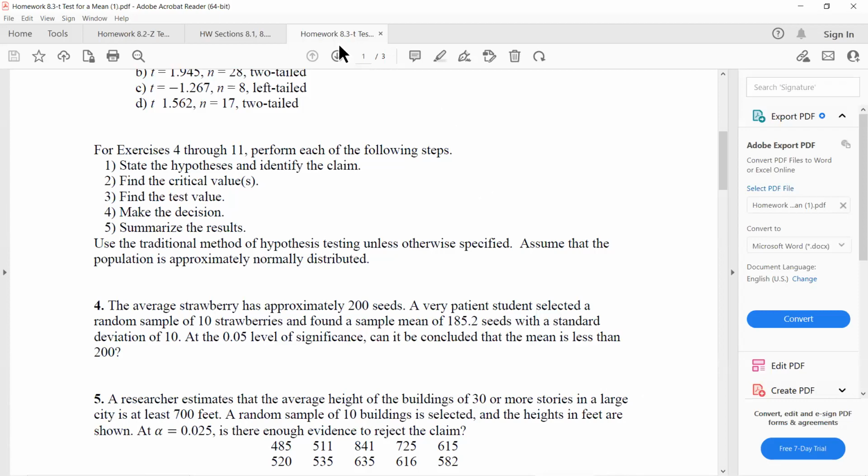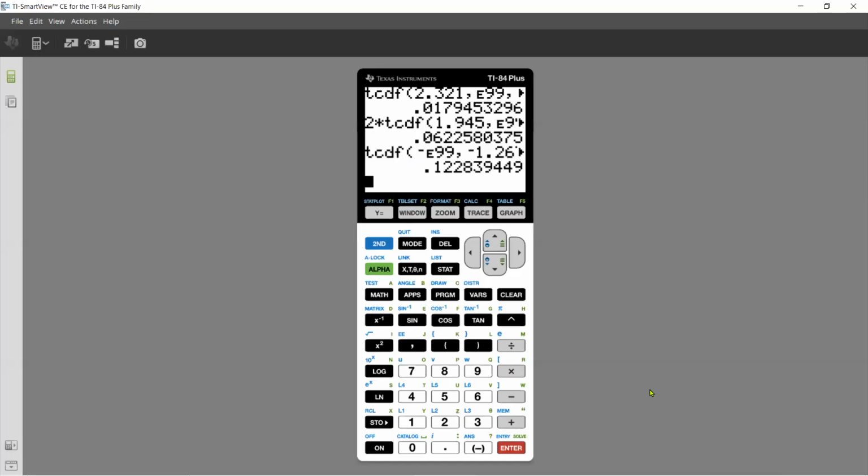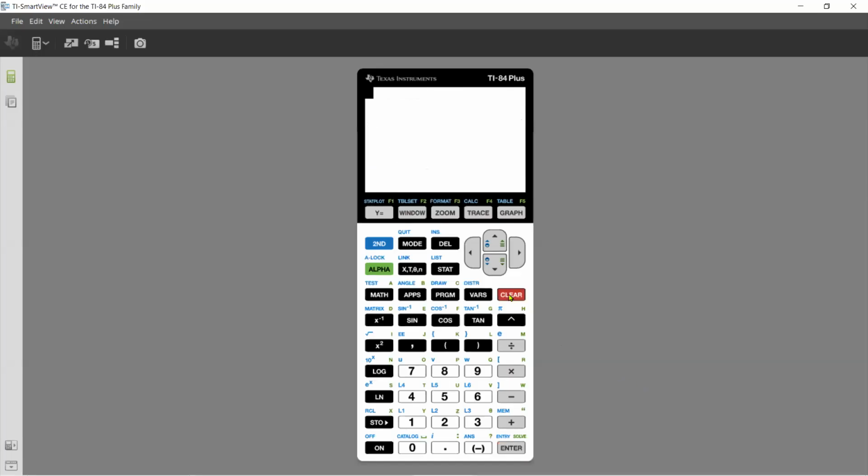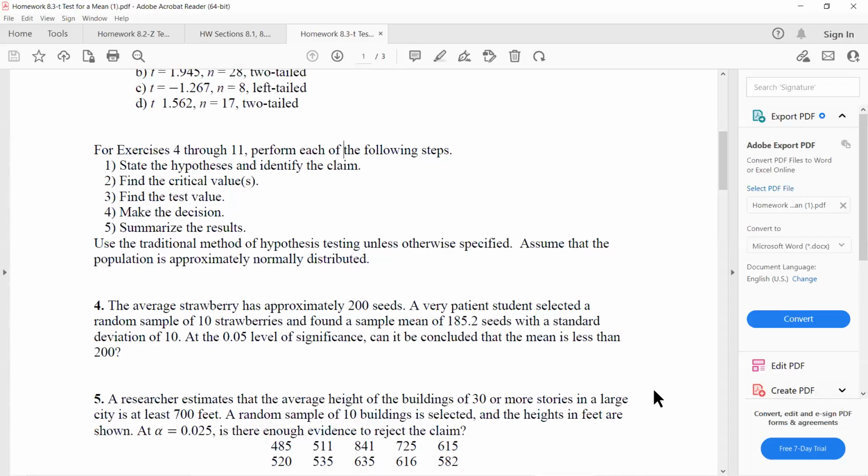We're going to have 2 times. Now, it depends on where my T value was. This is positive, so I'm going to be going toward infinity.